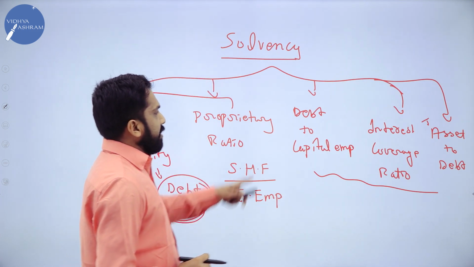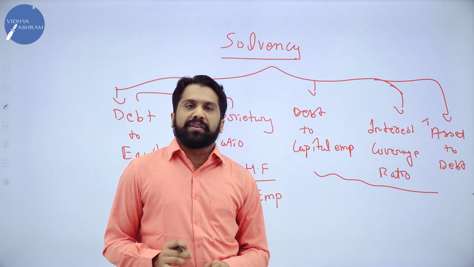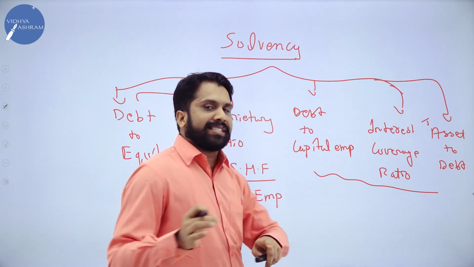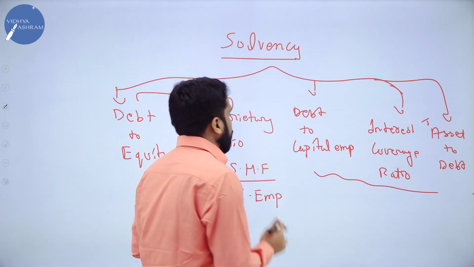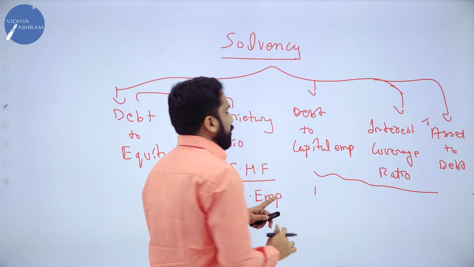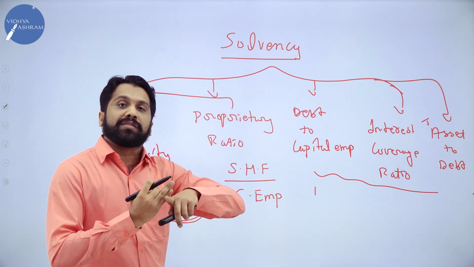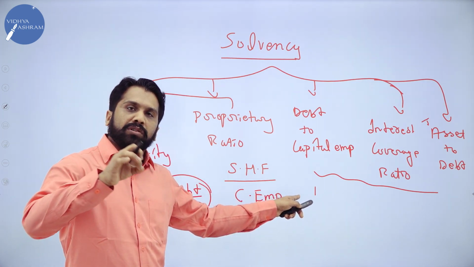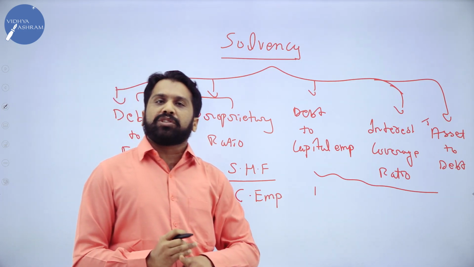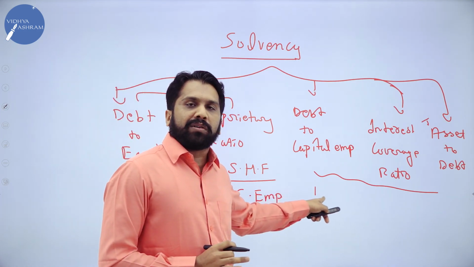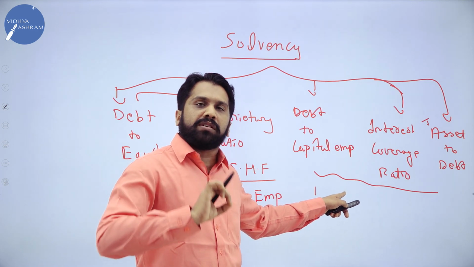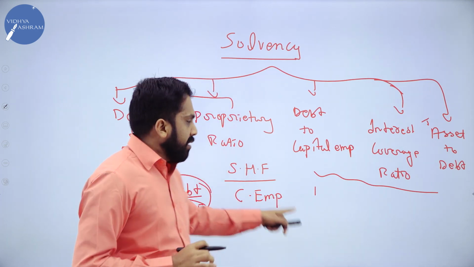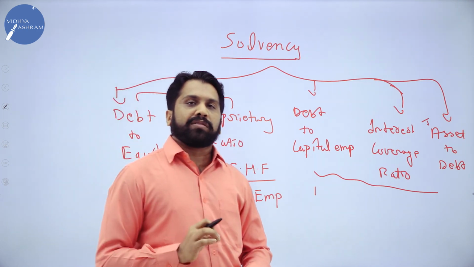Now, the third one, debt to capital employed. Easiest formula. Why? Because the formula itself is in the question. Now, debt means, always remember, it is long-term loans. Some companies will go for short-term also. For your examination, you consider only long-term. If you do it for short-term, you will also get complete marks, but it is better to always go with long-term.